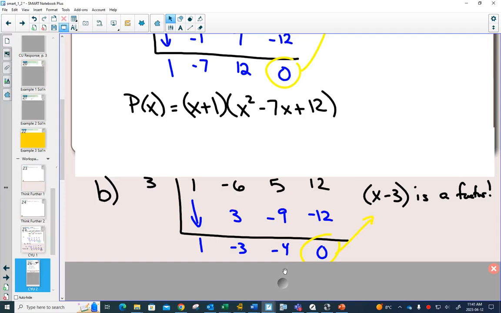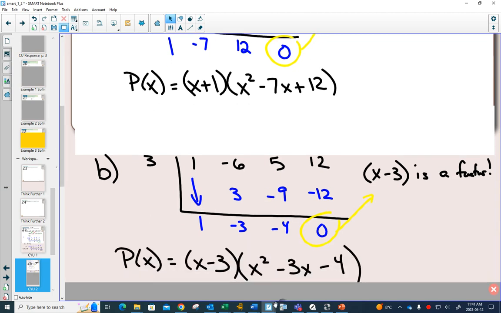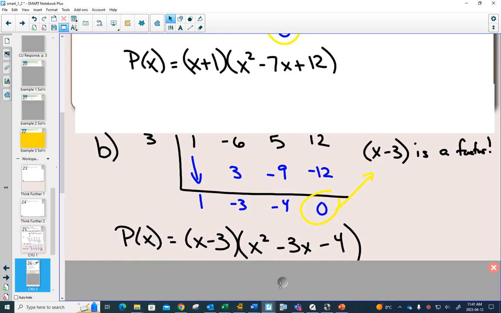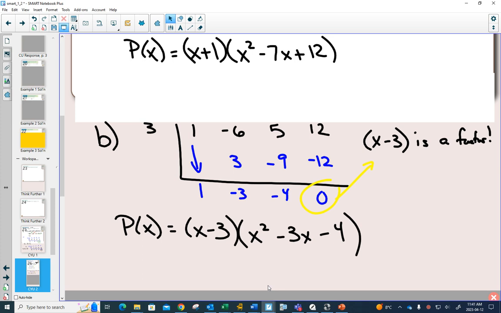And this tells us that x minus 3 is a factor. And just like we did in A, I'll get you to write the division statement and leave some space. And I'm going to get you to try part C on your own.